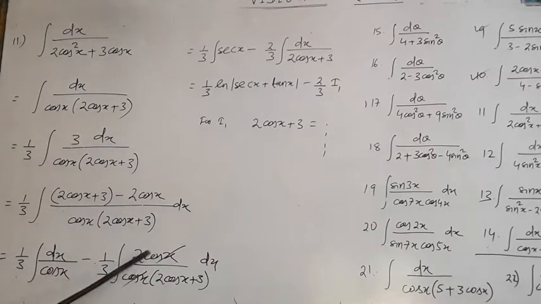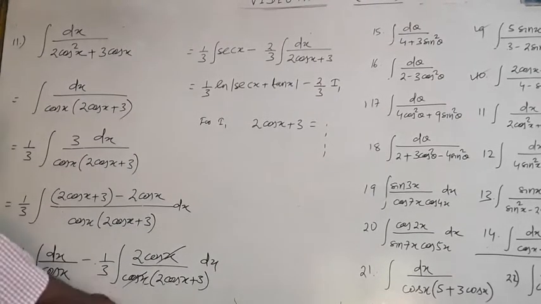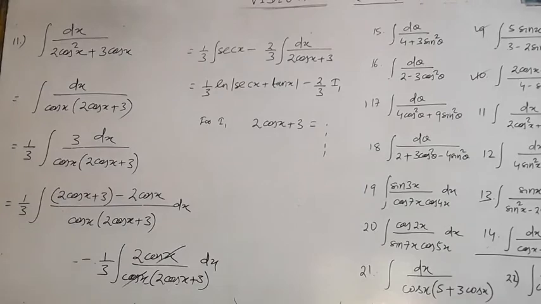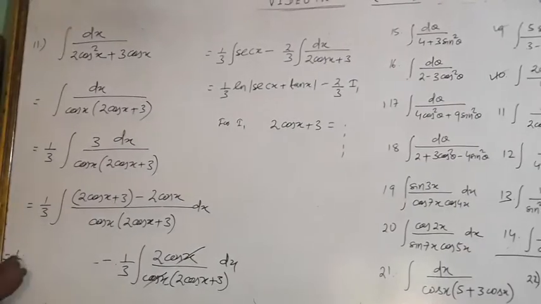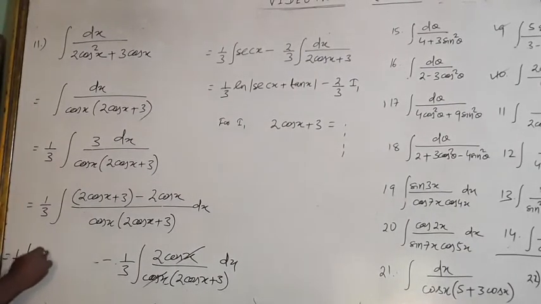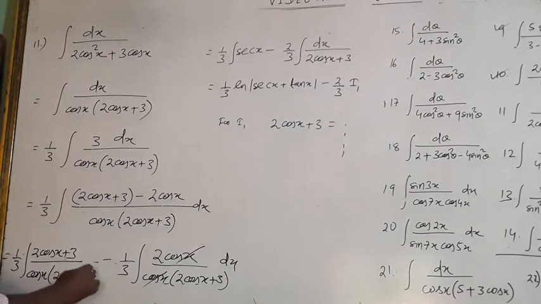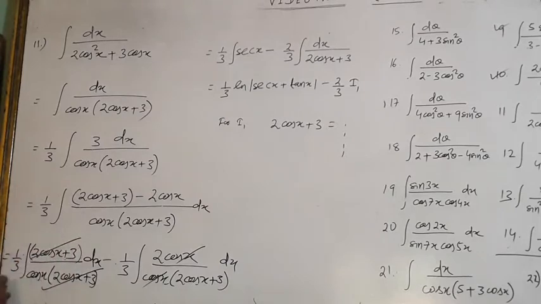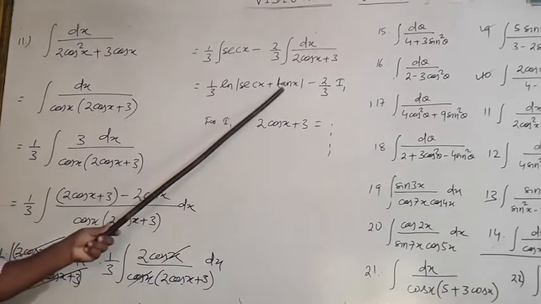I am separating it: 2 cos x by cos x plus (2 cos x + 3). I am writing again: it is 1/3 integral of (2 cos x + 3)/(cos x (2 cos x + 3)) dx. Now cancelling this part, dx/cos x is 1/3 integral of sec x, and you know it is ln|sec x + tan x|.